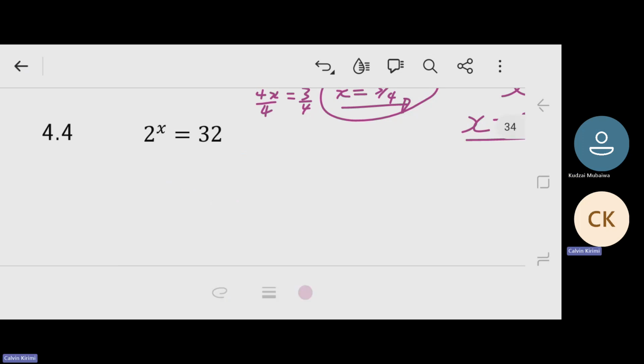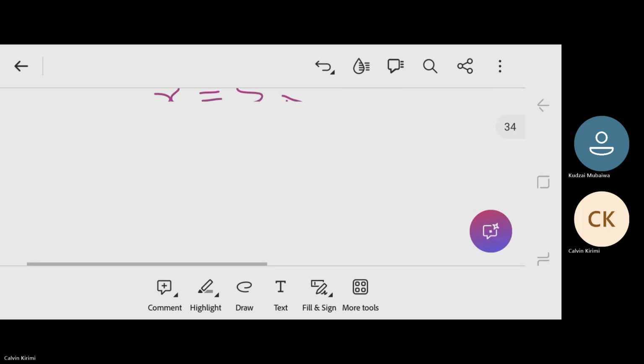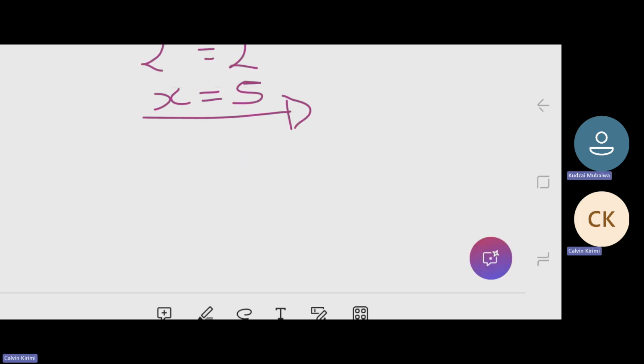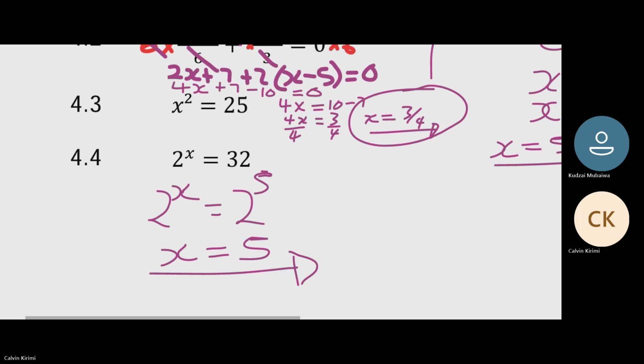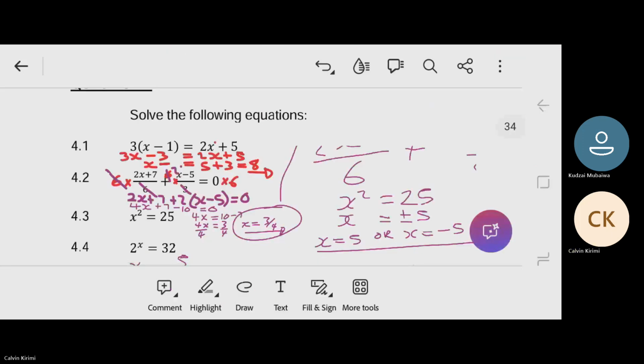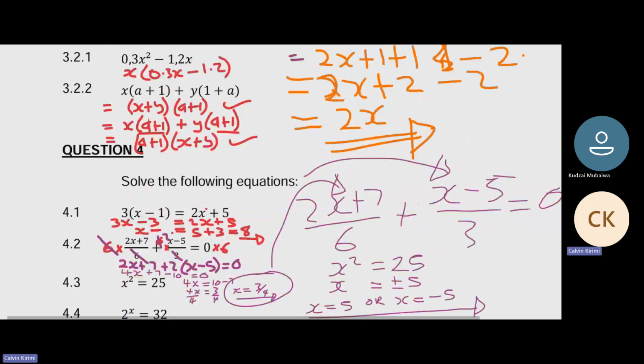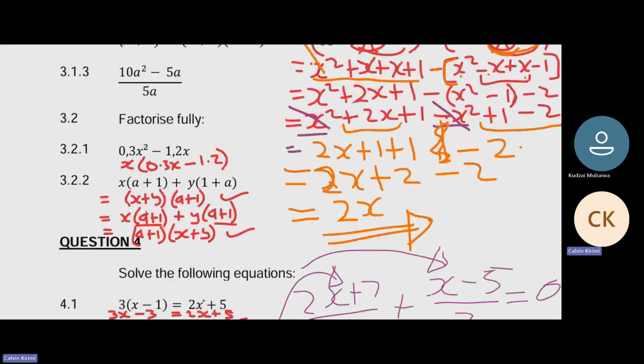And let's go to the next one. Any problem with solving for equation, like what we have been doing? Solving for x is different from factorizing. You see there's a difference.